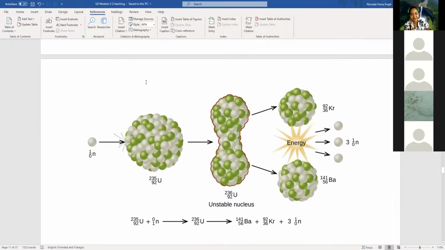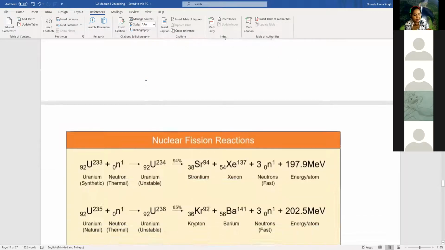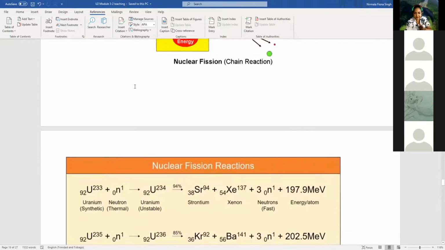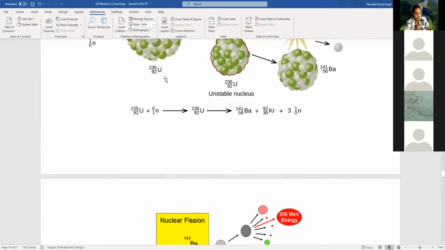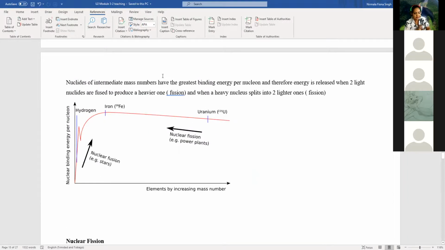This is not the printer safe handout. We're going to finish all of these the next day: wave particle duality, and nuclear energy, fission and fusion. That is our next day class.